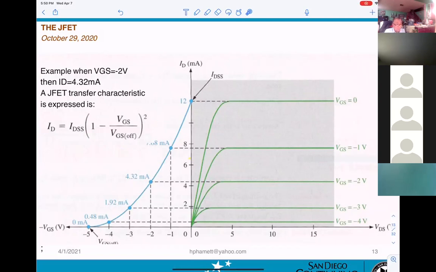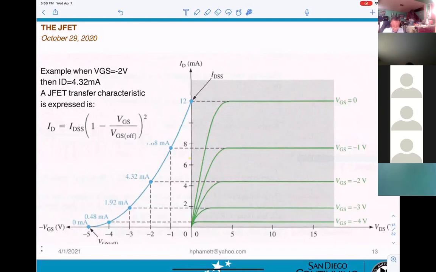If you want to calculate the current ID, you use this formula. And this equation is not linear. So on this line here, you can get a point, you go to the right, you get VGS equal to minus 1, and you can also get the current ID. Any point in here gives you the current ID and the VGS.